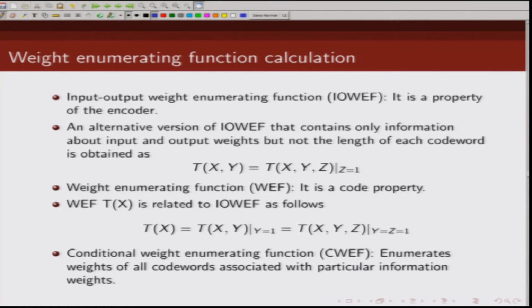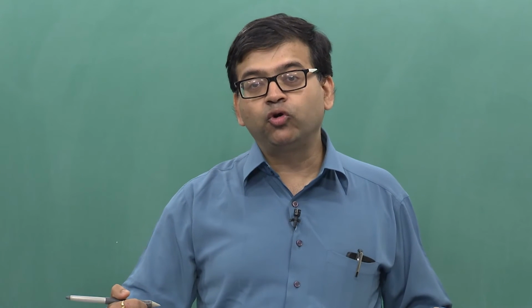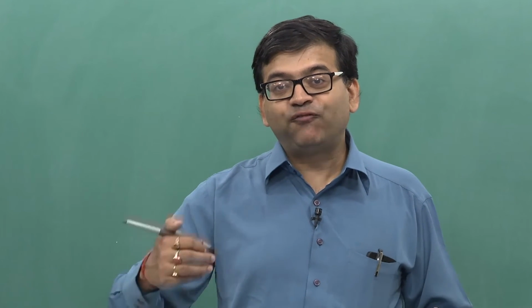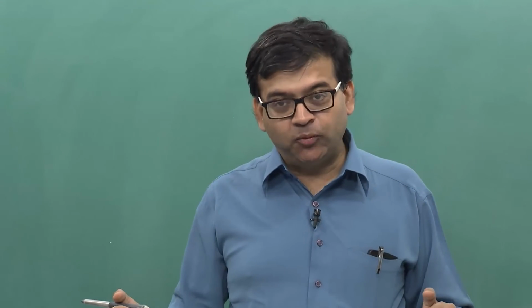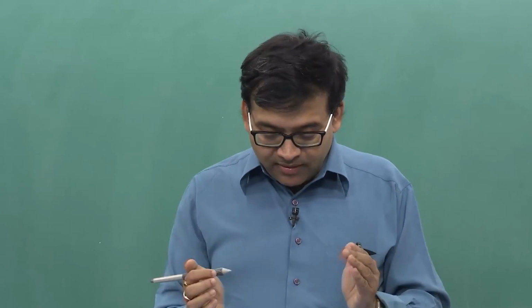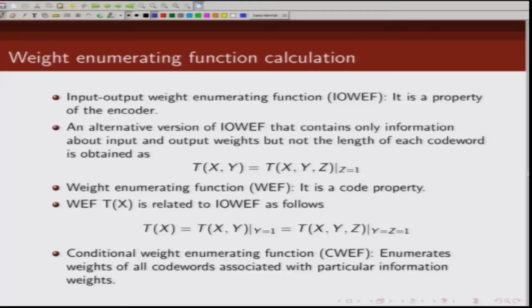So, if you are interested in knowing the output weight that corresponds to a weight 4 input sequence, then from the input output weight enumerating function, by collecting all terms which have y to the power 4, we can find the weights of all code words corresponding to an input weight of 4.